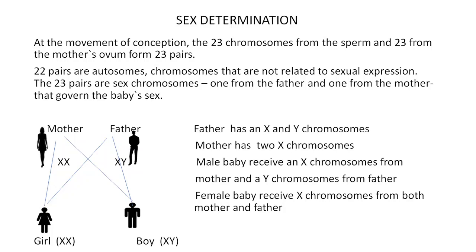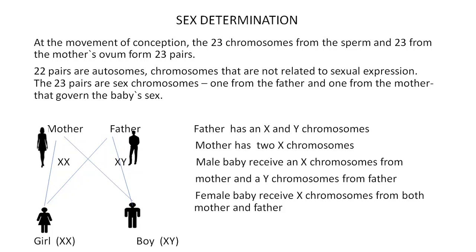When an ovum, which contains X, is fertilized by an X-carrying sperm, the zygote formed is double X, that means a female is going to be born. When an ovum X is fertilized by a Y-carrying sperm, the resulting zygote is XY, a male baby is going to be born.